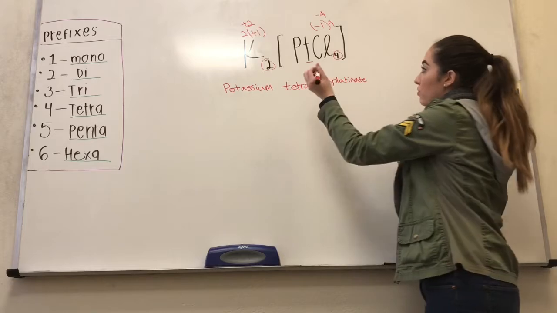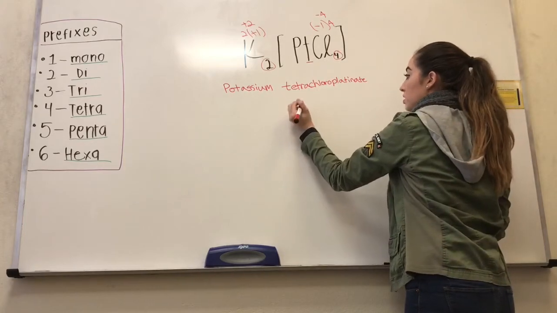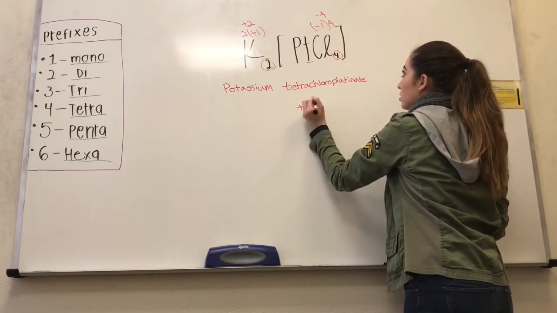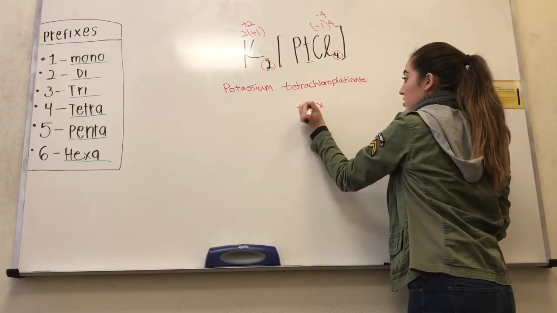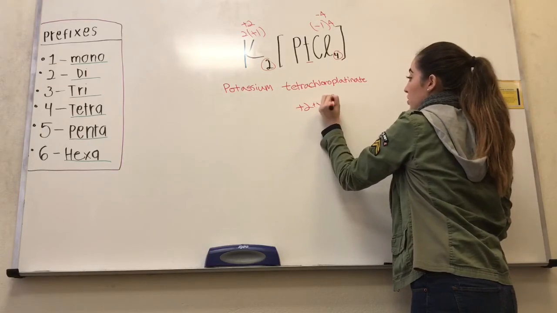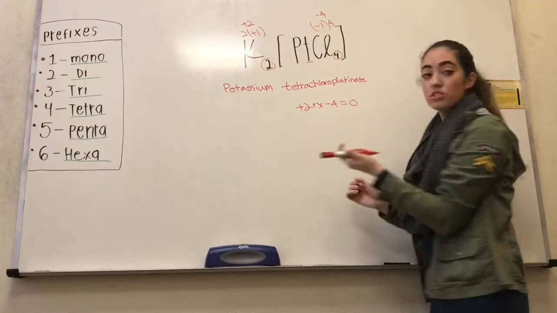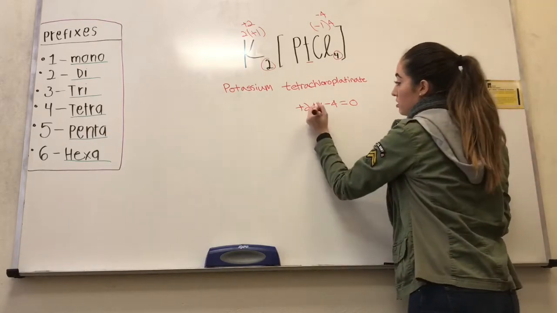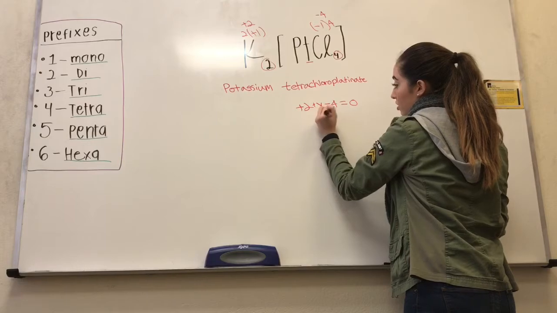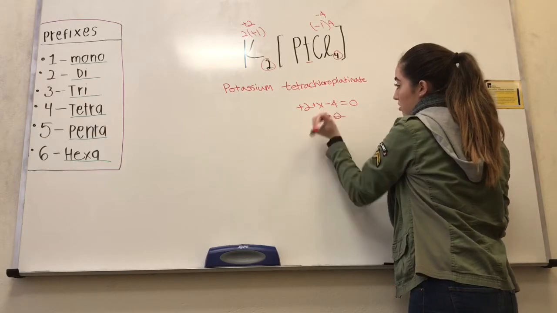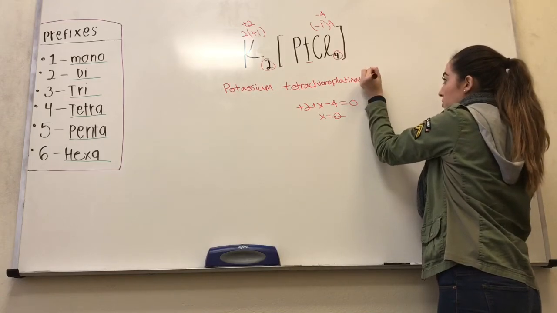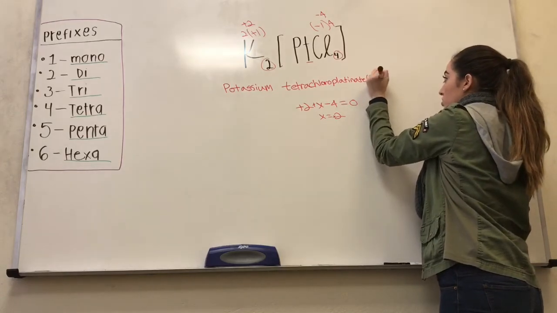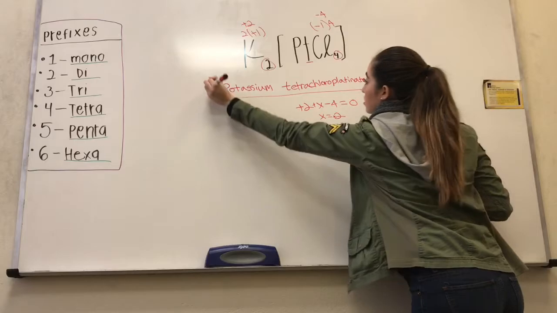So we'll put platinum as x, and 2 plus x minus 4 has to equal 0. Just simple algebra, and x equals 2 plus. So platinum must be 2. And this is your answer.